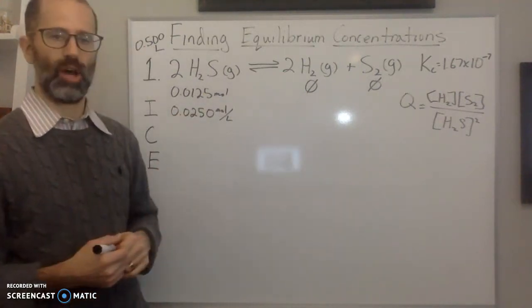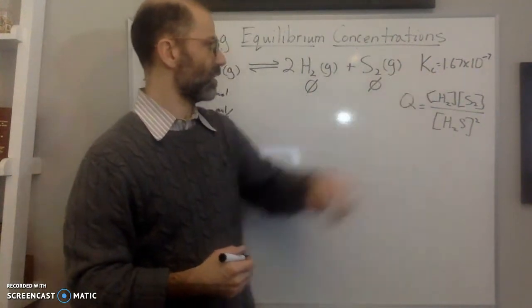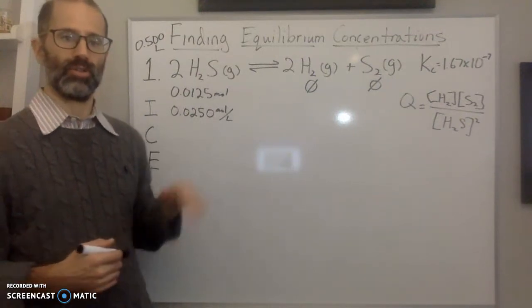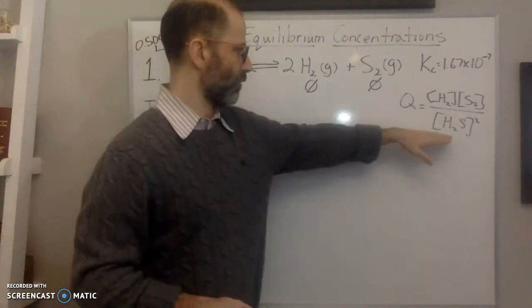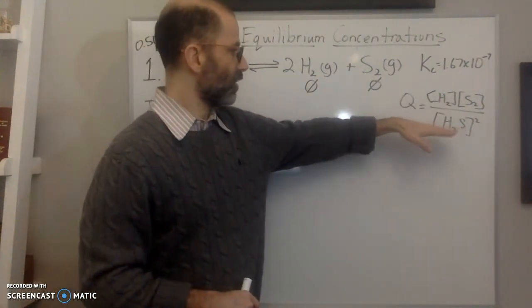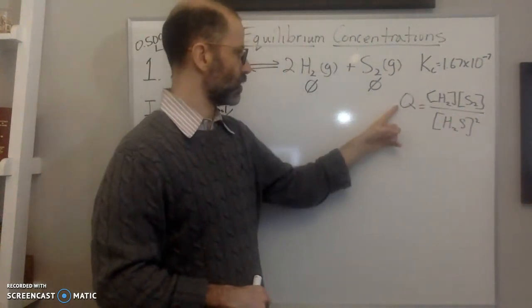But just so that you know, if Q is less than K, then you need more product. That means you're going in the product direction. Again, that comes from the fact that you're looking at a ratio here. If the bottom part is too large, then it's going to cause Q to be small.